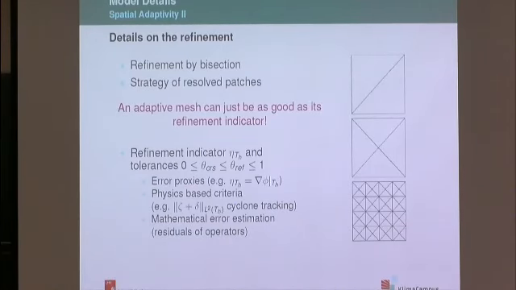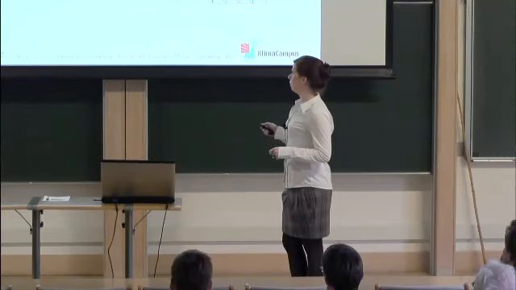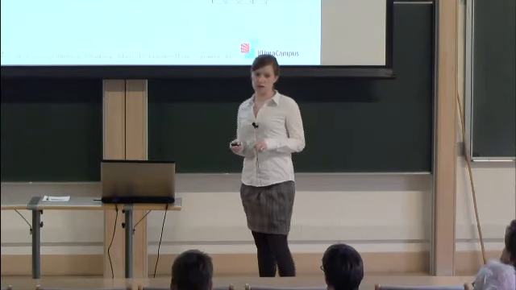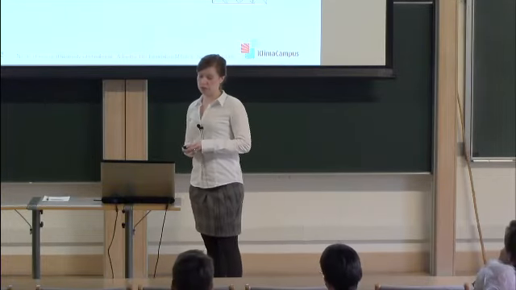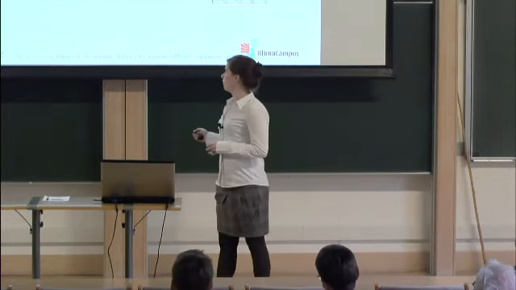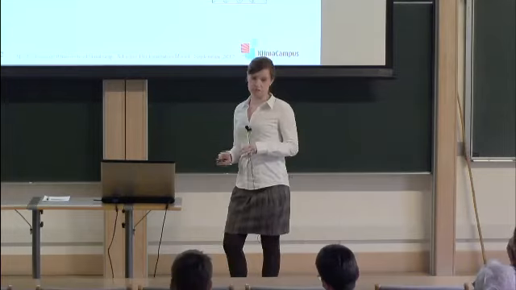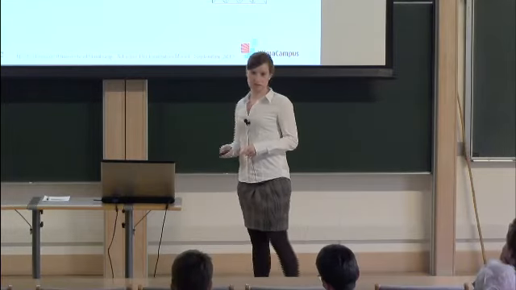Right now I just use these error proxies, like very simple criteria like gradients of sea surface height. But we also had a diploma student, Teresa Beck, you might have seen her talk. I think she worked with more physics-based criteria, and we also have another PhD student in our group, Susanne Beckers, who will work on more mathematical error estimators and maybe residuals of some operators.